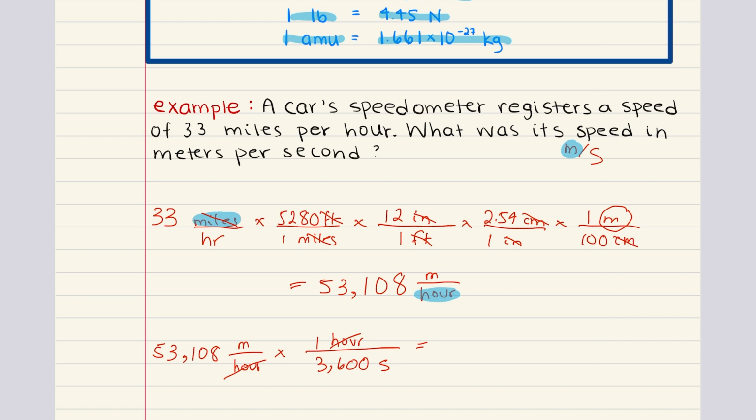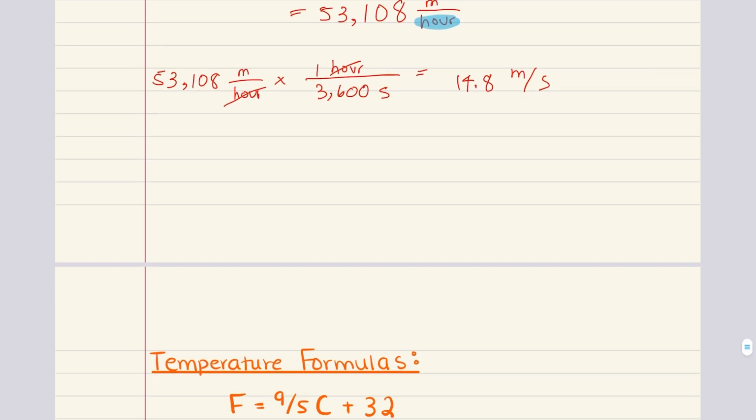When we carry out this calculation, we get 14.8 meters per second. So 33 miles per hour is equivalent to 14.8 meters per second. And with that, we have solved this problem.